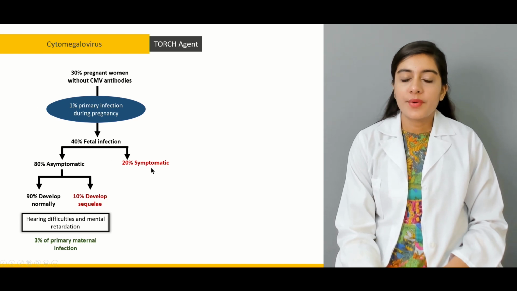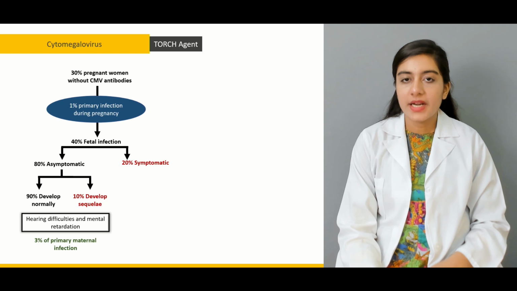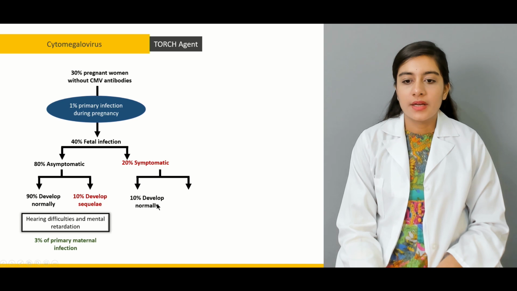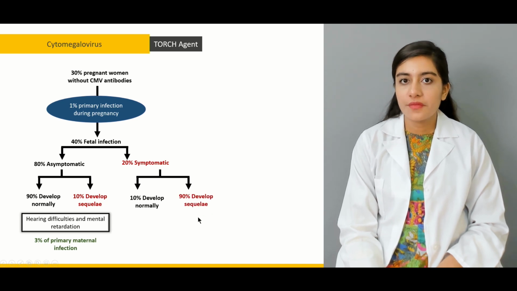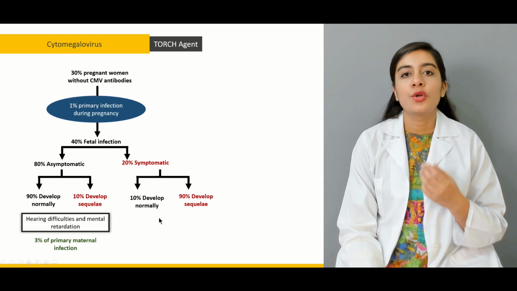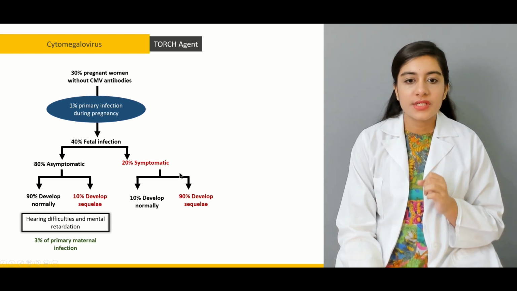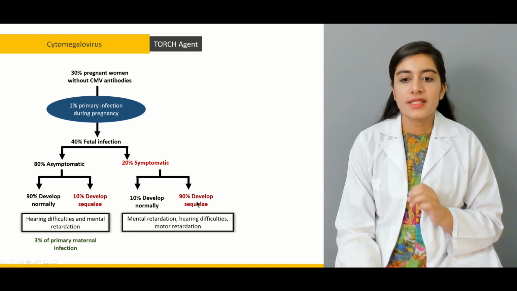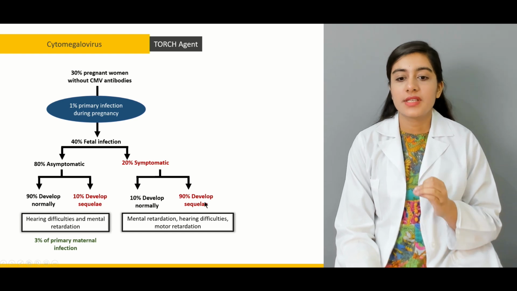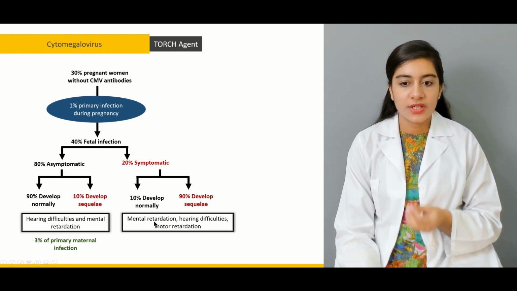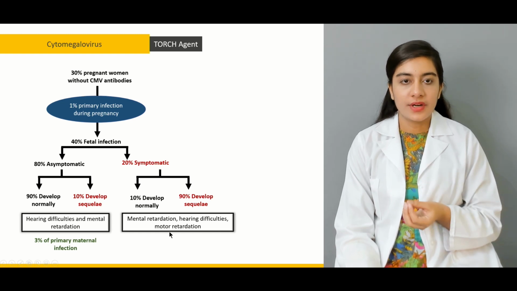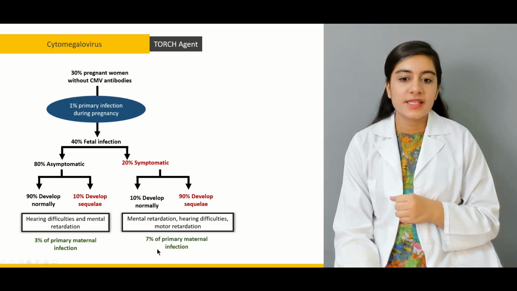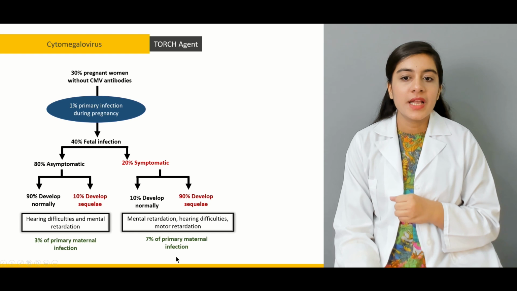Now, the remaining 20% were symptomatic, and out of those 20%, 90% will develop sequelae of the disease, and 10% will develop normally. 20% symptomatic fetuses we are talking about over here. As a result of that, these 90% of fetuses will develop mental retardation, hearing difficulties, and motor retardation as a result of the cytomegalovirus infection, and 7% of the primary maternal infections.